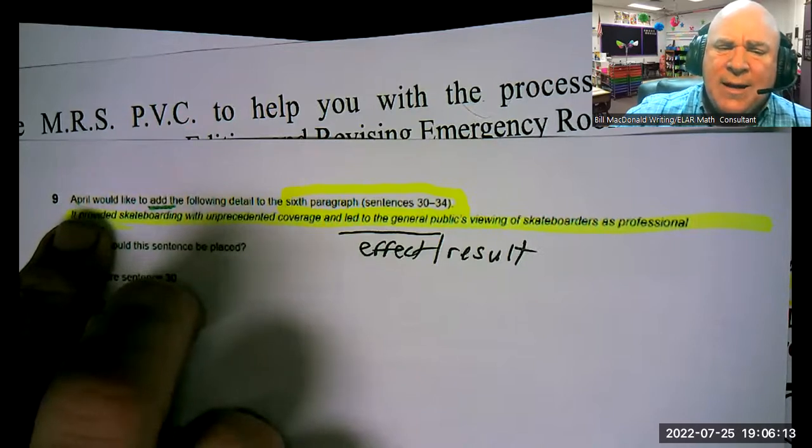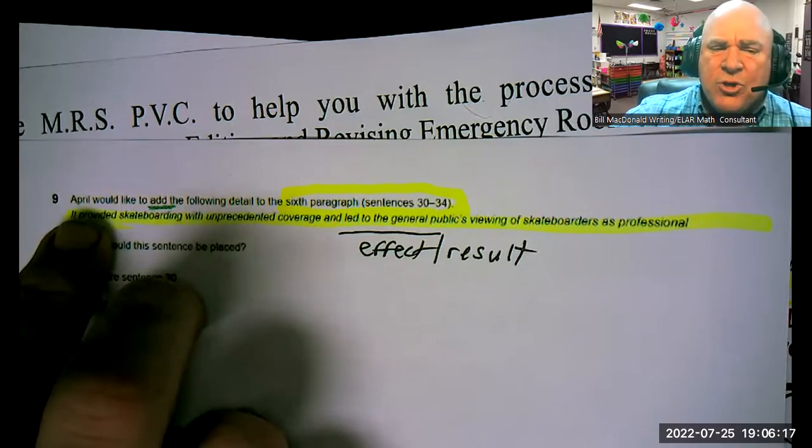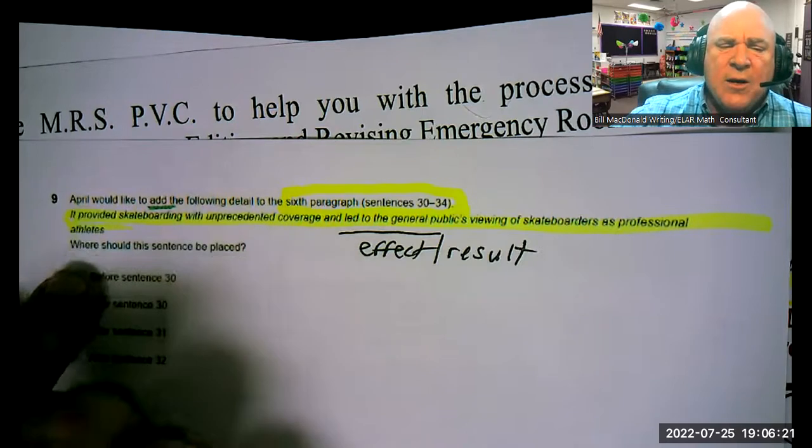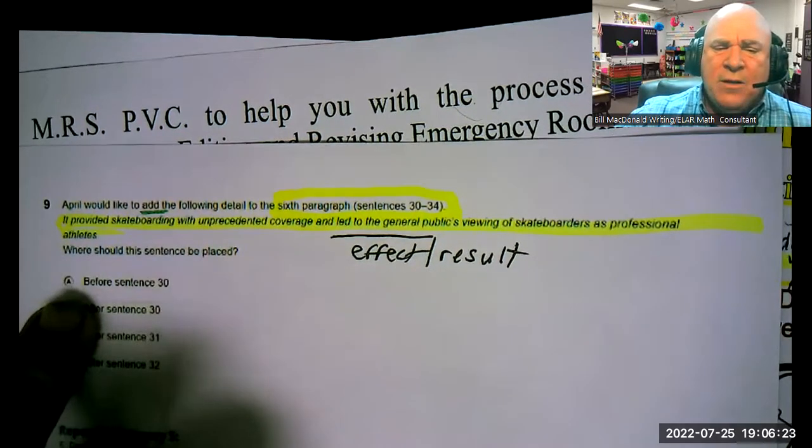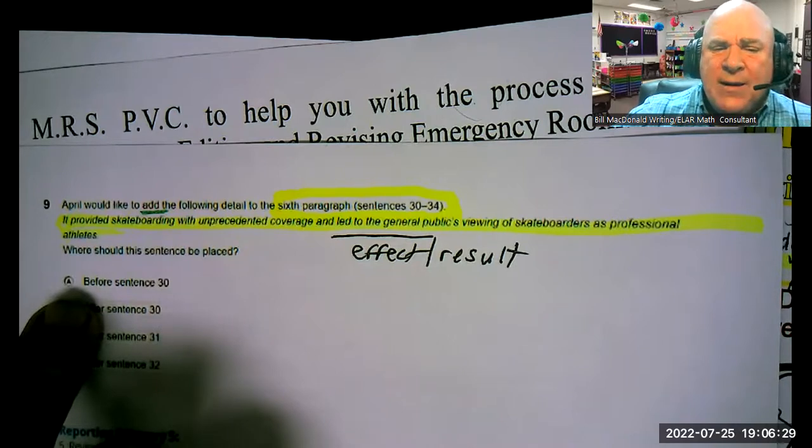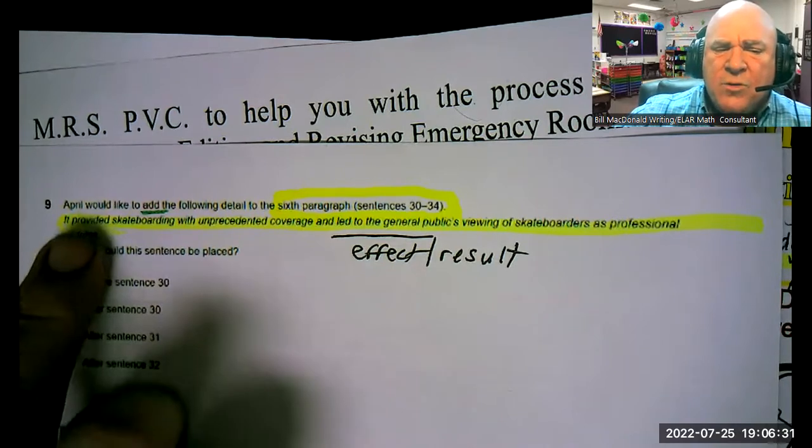Start with the noun. What is the subject of this paragraph? And for sure, this sentence. Then you can start using pronouns. So I can already eliminate before sentence 30, because it would mean that before I've even read anything in the paragraph, I'll be using a pronoun.